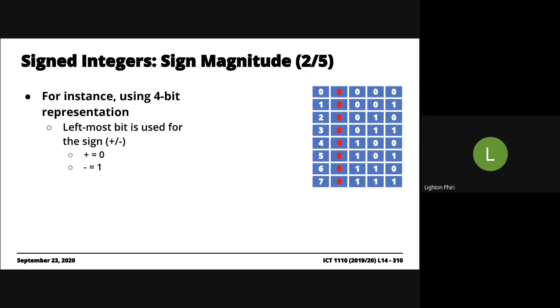In this case, using 4-bit representation, the maximum positive number that we can represent is 7. Why? Because this leftmost bit, the most significant bit, is always going to be a 0 to represent the sign. And so the maximum we have is 1, 1, 1. What is 1, 1, 1? 1 plus 2 plus 4, which is a 7.